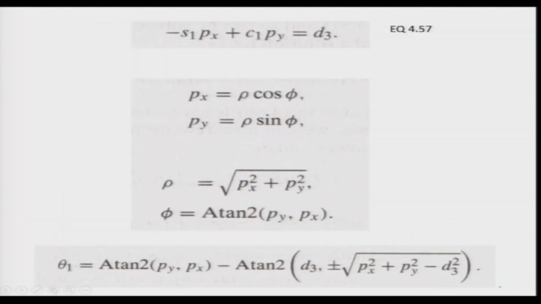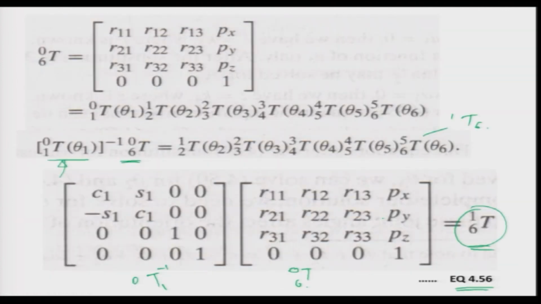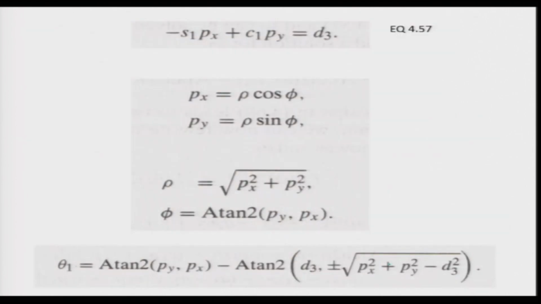Now, if you equate this, Py which was D3, so this fellow was D3, with the second term of this matrix, I take this and multiply with that. What we get is minus S1 Px plus C1 Py equal to D3.